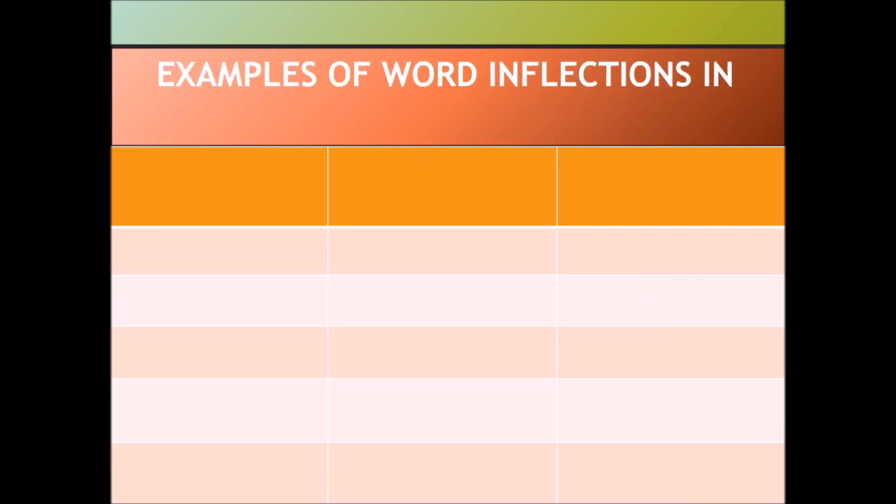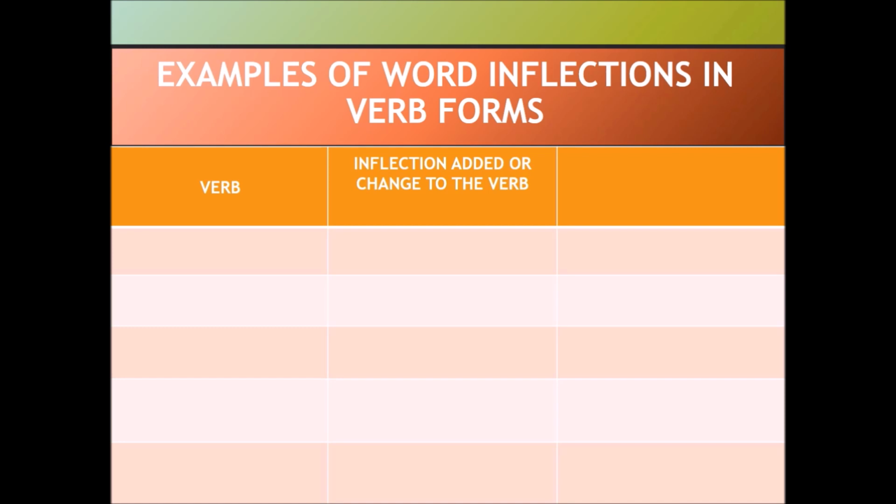Examples of word inflections and verb forms. This time we have another 3 columns. The first is the verb, then the inflection added or changed to the verb form, then the new verb form. The first word is walk.